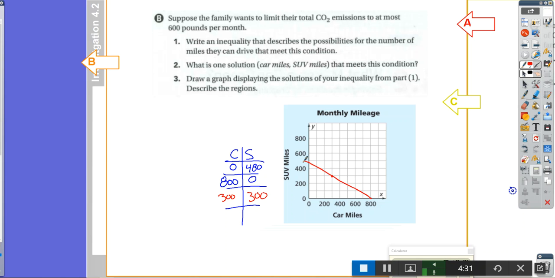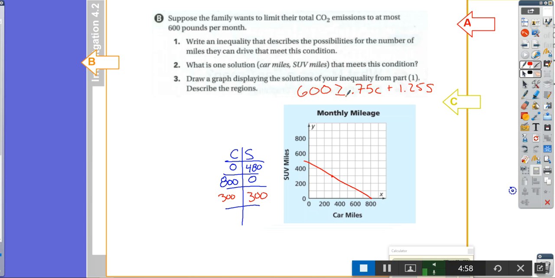So the first thing we have to ask ourselves is, in our expression, do we have an open or a closed line? And remember that an open line means that the line cannot be part of the solution set. A closed line can. Well, it can be equal, so we're going to have a closed line. It's going to be a solid line.